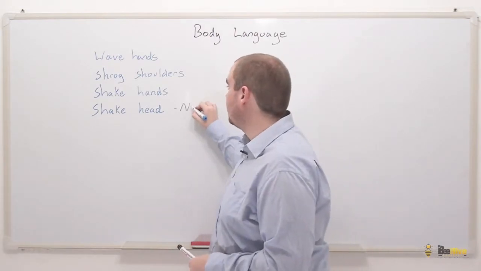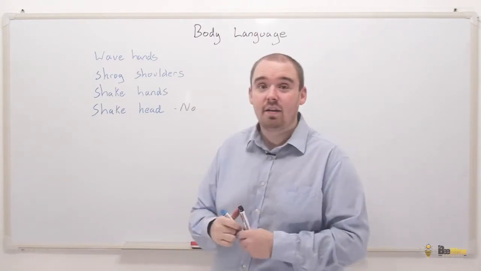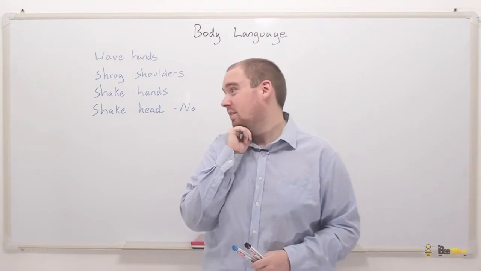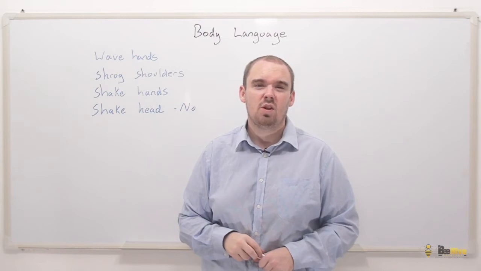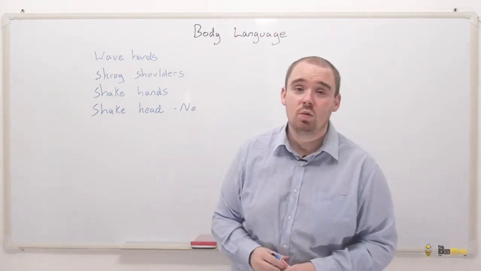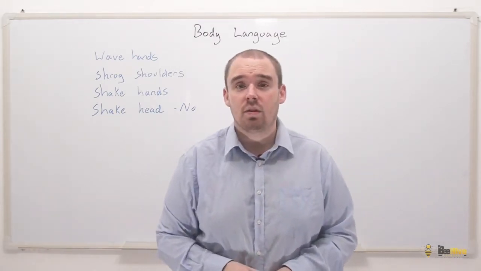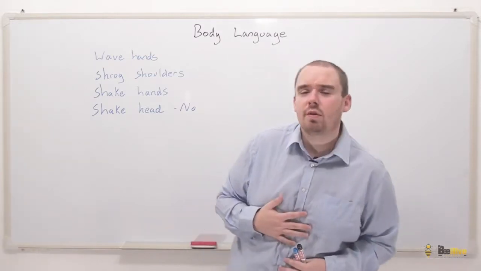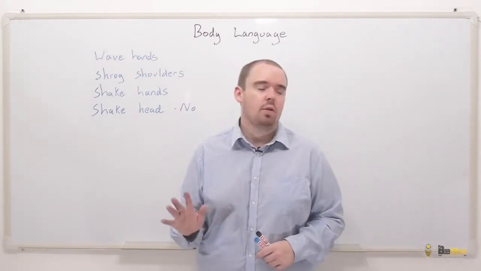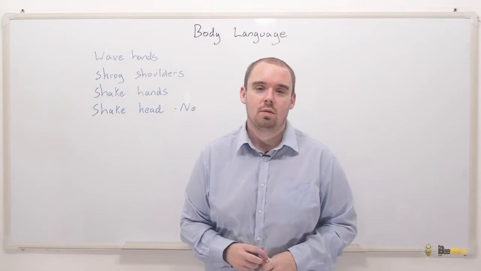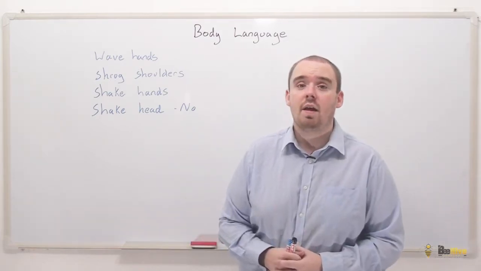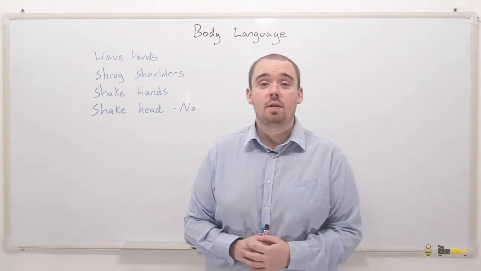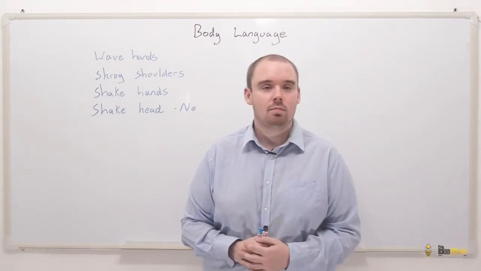So we turn our head from left to right and left to right a couple of times. So somebody wants to give you something to drink, but you're not thirsty, you'll say, no, thank you. If someone wants you to do something, there's like, do you want to go to the cinema? No, thank you. Okay.